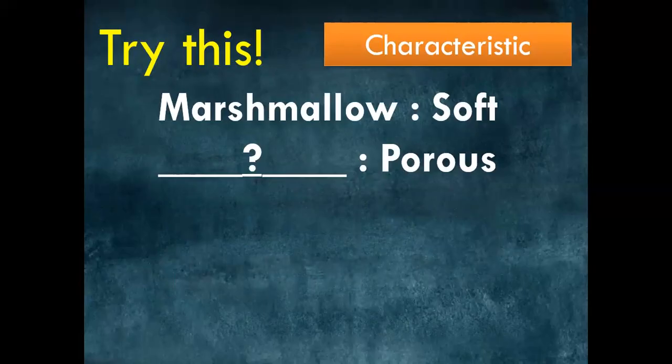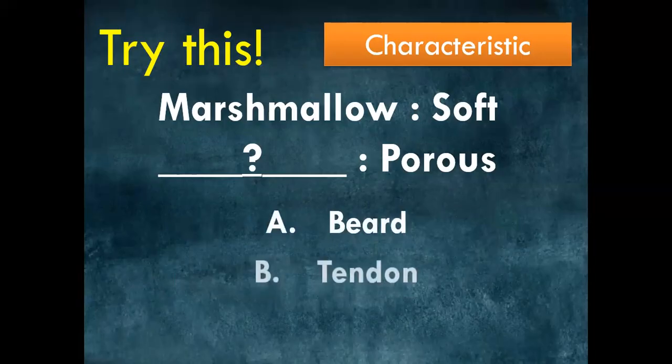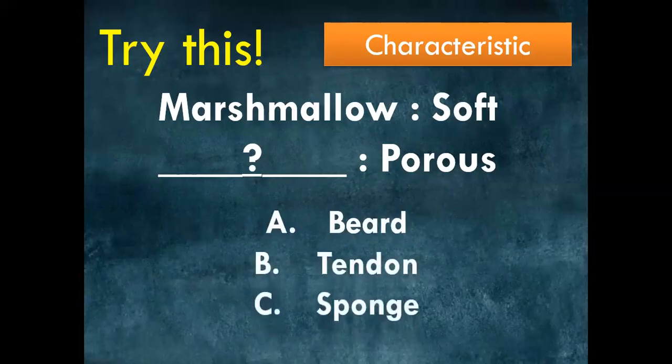Marshmallow is soft, while blank is porous. Is it A, beard; B, tendon; C, sponge; or letter D, heart? What is the correct answer? The correct answer is letter C. Beard, it's not.